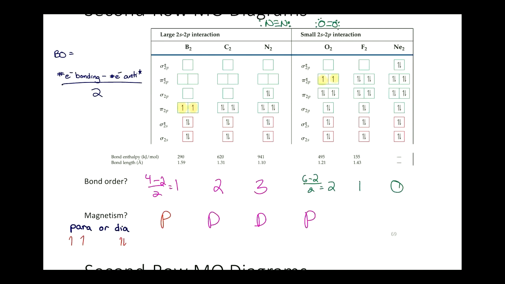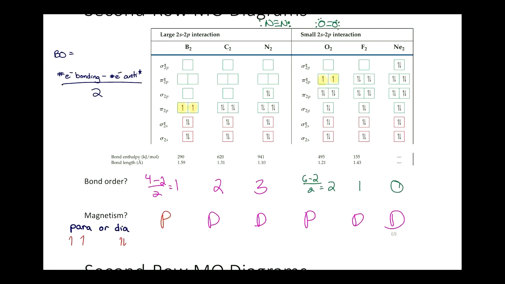So if you use the wrong MO ordering diagram, you might get this question wrong, because note how the only way to get paramagnetic substances here is using Hund's rule when we do the pi or pi star orbitals. All right. What about diatomic fluorine? Dia, because everything's paired. And even though diatomic neon won't exist, it's still dia because everything's paired in its MO diagram.